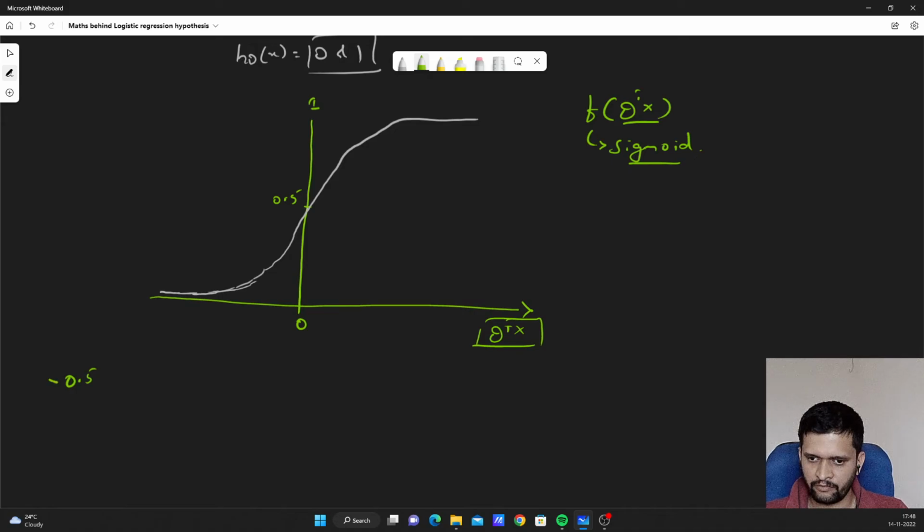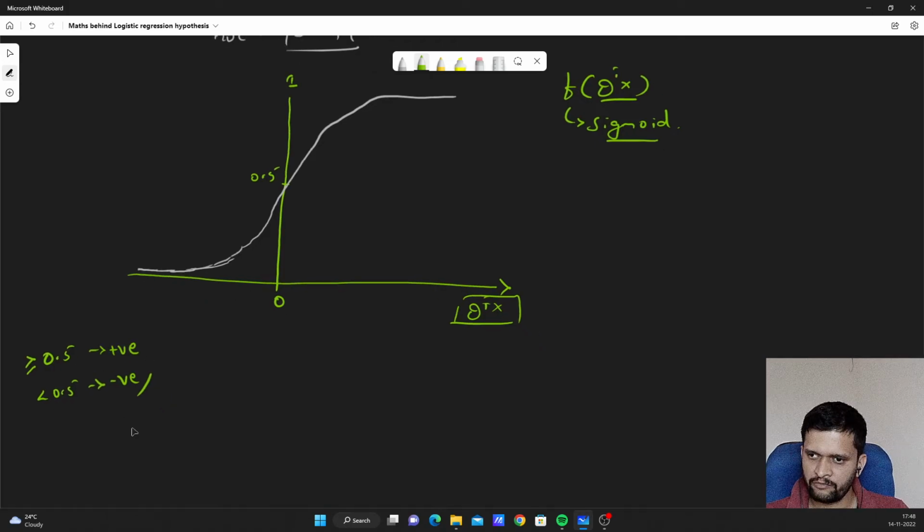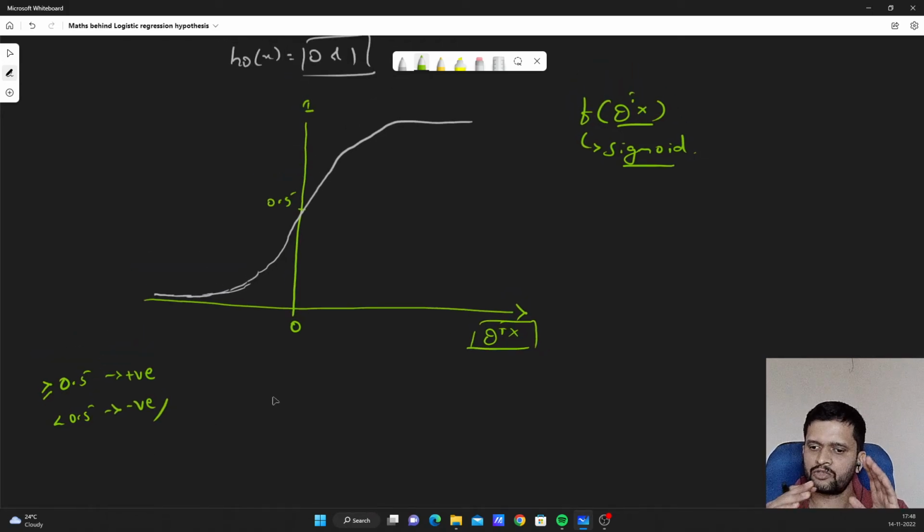If the value is greater than or equal to 0.5, we treat it as positive class. If it is less than 0.5, we treat it as negative class. So in order for us to classify the positive and negative classes in a correct way, we want our theta transpose x to take some value.